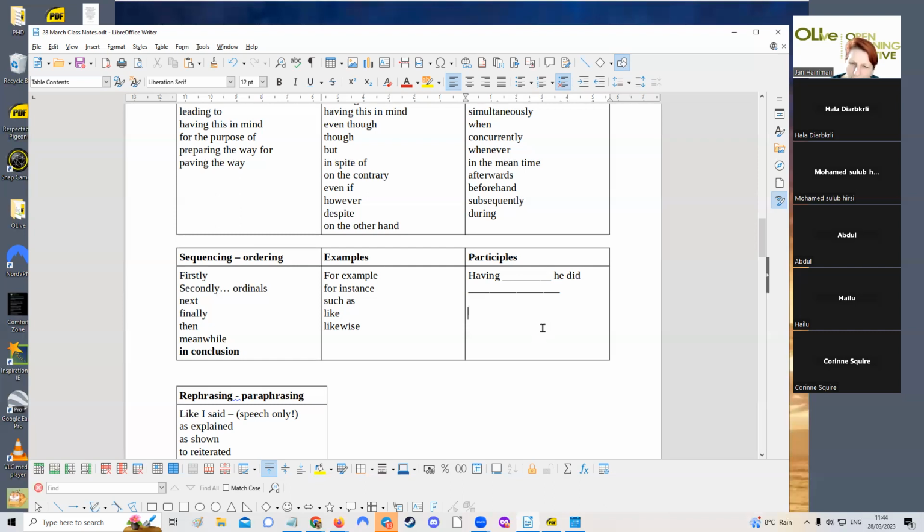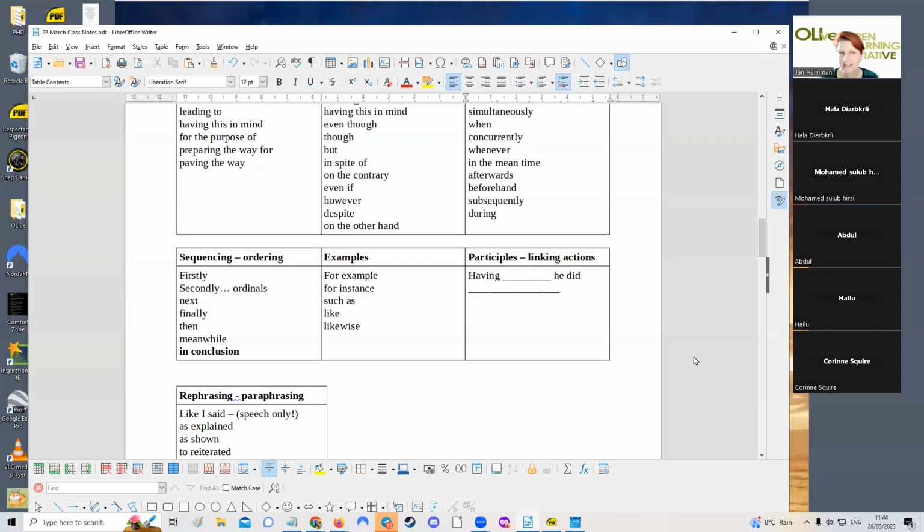It's a way of linking ideas by showing how one action precipitates, causes or makes possible another action. Simply, we're linking actions. Having done this, this became possible.